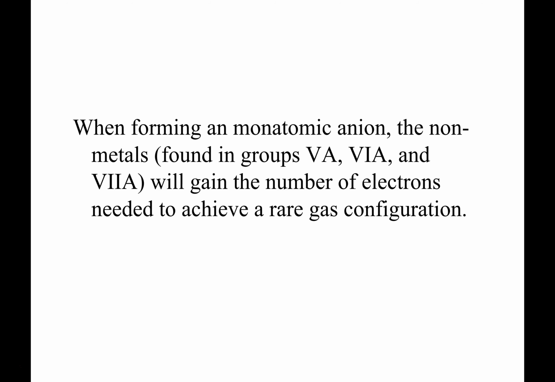So when we go to 5A, 6A, 7A, if you have a periodic table handy, you should be thinking, now I'm in the nonmetals region. I know that I've got some metals and nonmetals, but it's mostly nonmetals. These guys are going to pick up electrons to form anions, be like the rare gas in front of them.